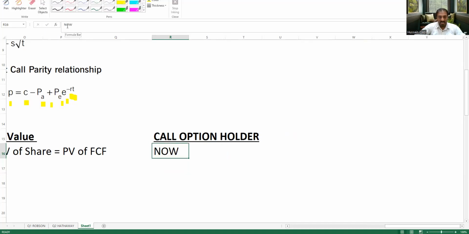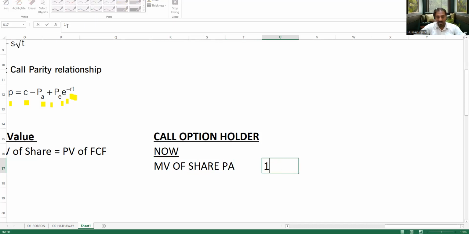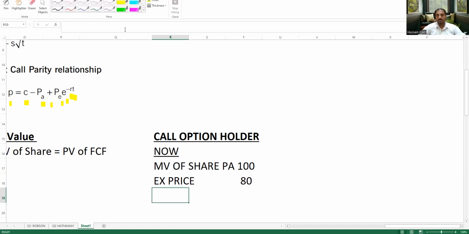Now the market value of share, where you say PA is 100. Now value is 100. And exercise price is equal to 80. It's standing now, 80.